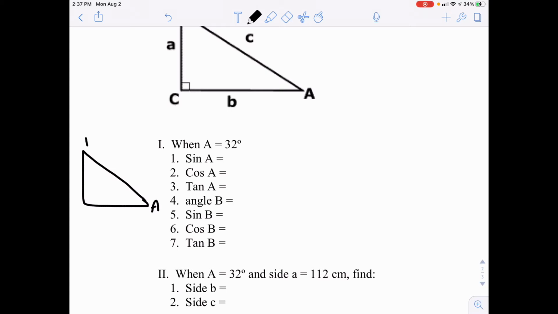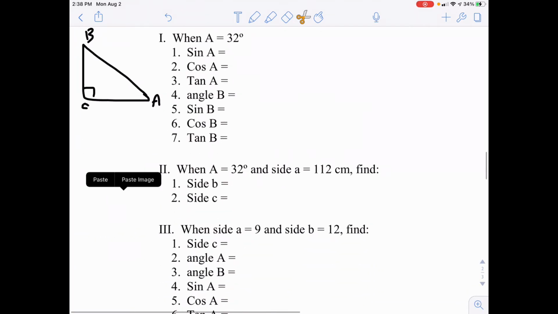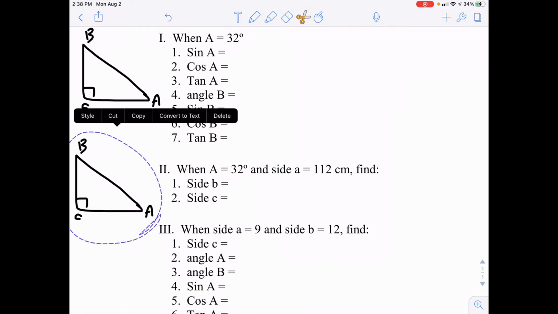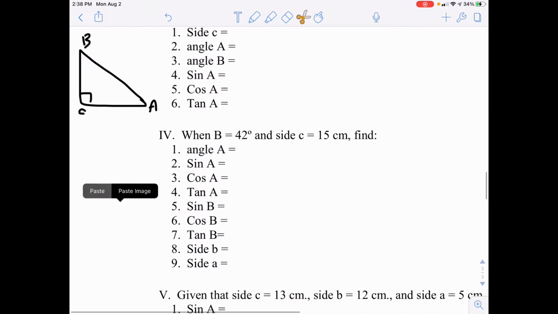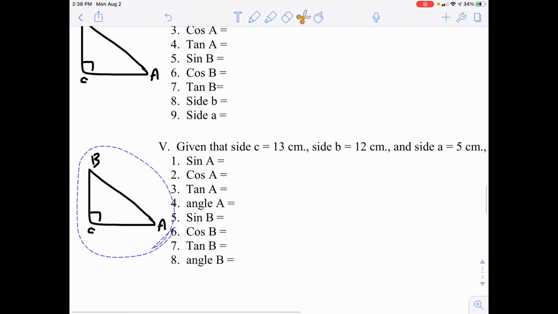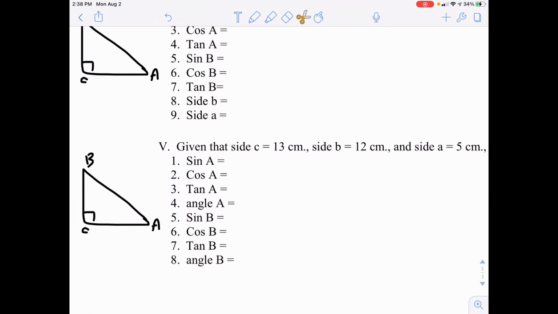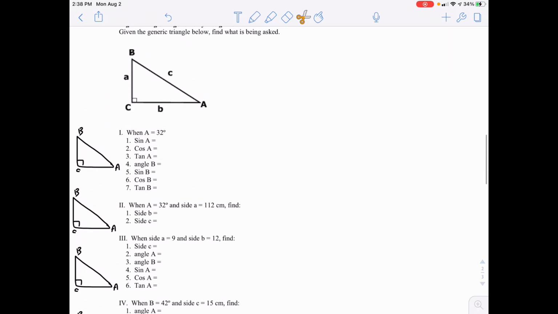Angle A, B, C. I'm going to recopy this 5 times, but each time I copy it, it's going to have specifically different information. Please pause the video and copy down those 5 triangles so that we can use them for the information given in each part.